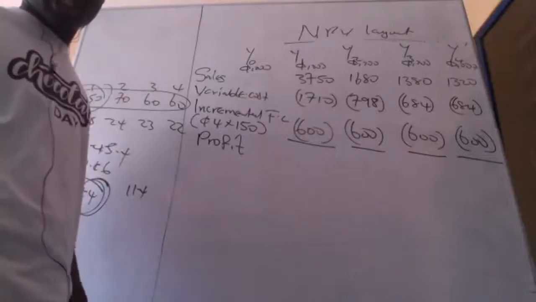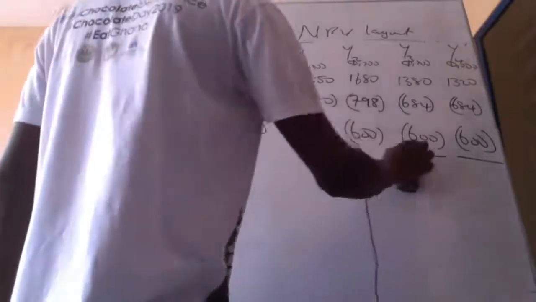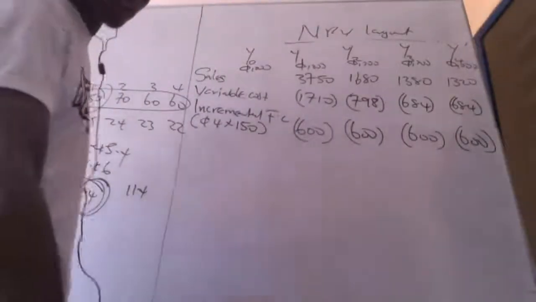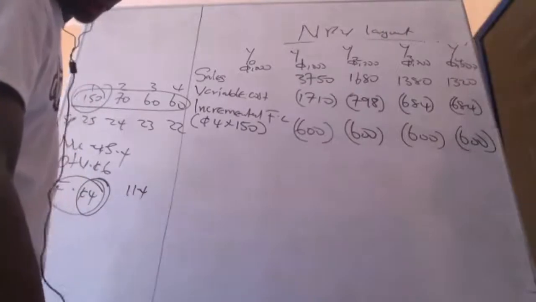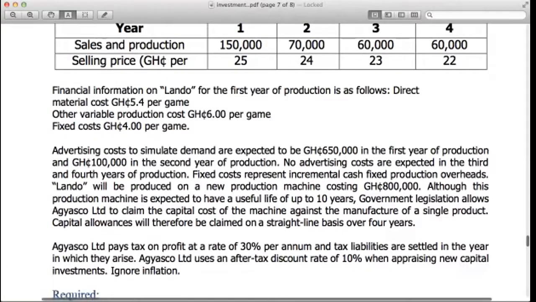Is there any other cost in the question before we close the chapter? Yes, you have to ask. Is there any other cost in the question? Yes, advertising cost to stimulate demand.